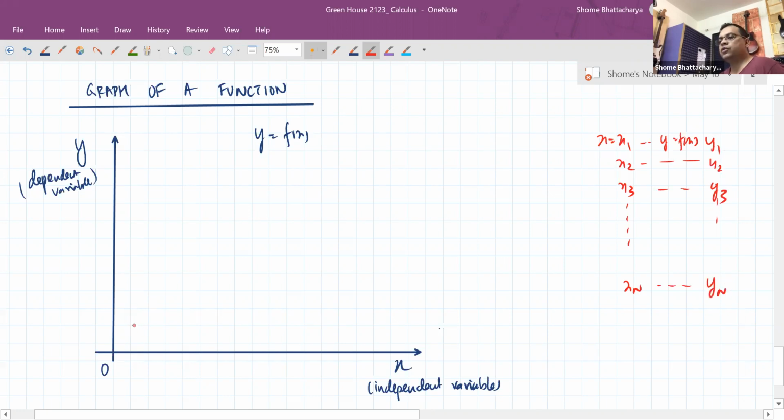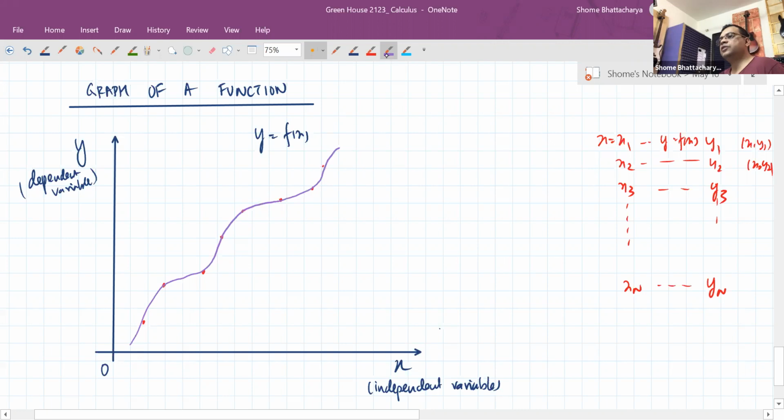So these points will all be plotted in the xy space. So these ordered pairs will all get plotted as points. And the smooth curve that we can achieve by joining them together, that would be the graph of the function.